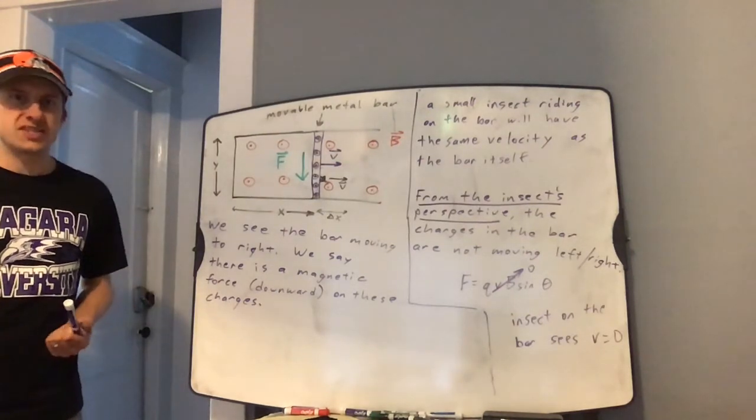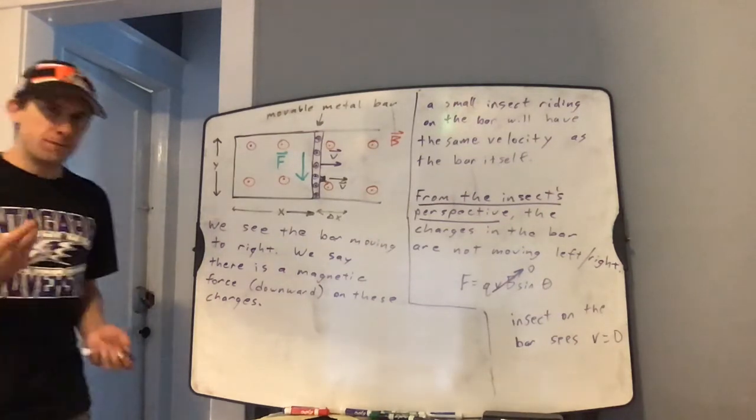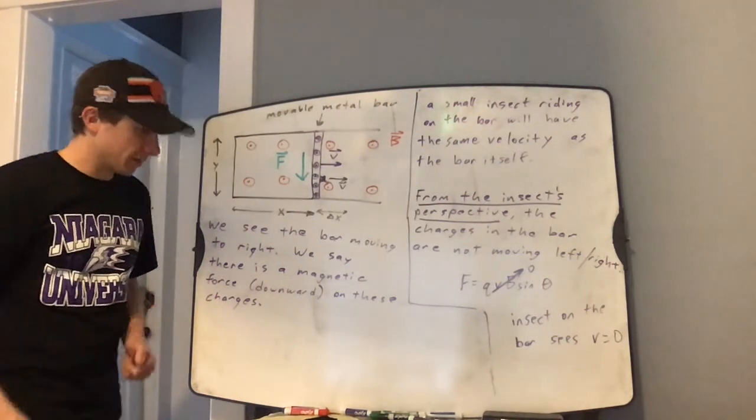The insect still must see a downward force, but that force is not going to be the magnetic force.